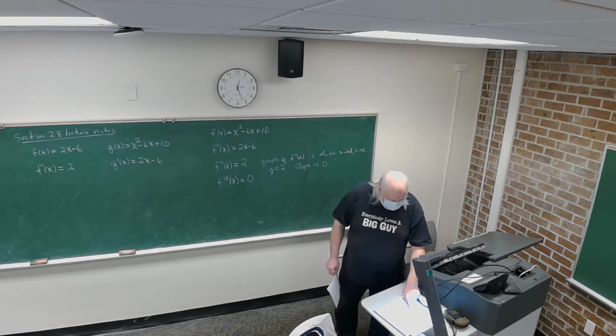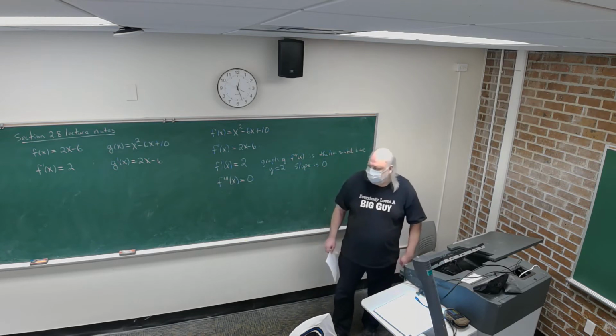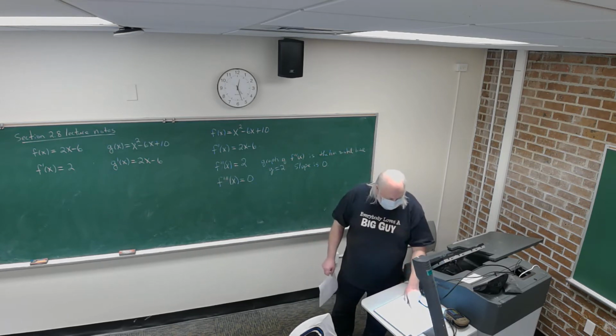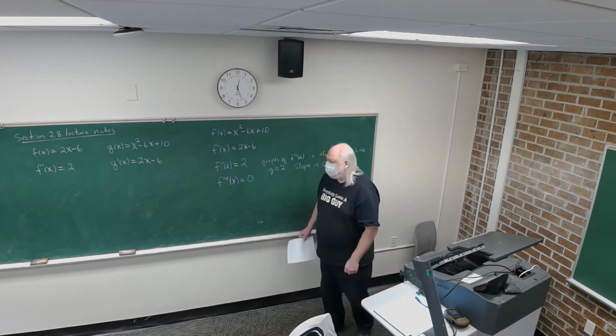And v prime of t is the derivative of h prime of t, so acceleration is the second derivative of h of t. H of t gives us the position or the height of the ball, the derivative of h of t gives us the velocity, and the second derivative of h of t gives us the acceleration as a function of time.